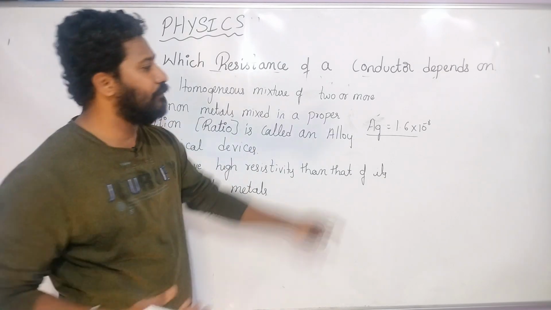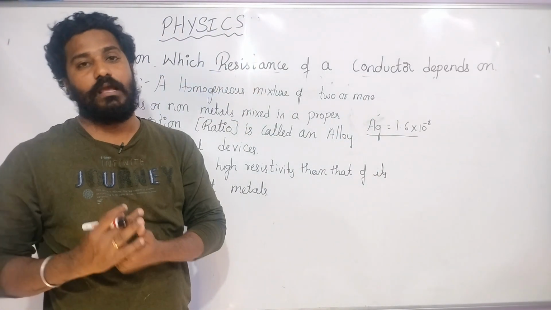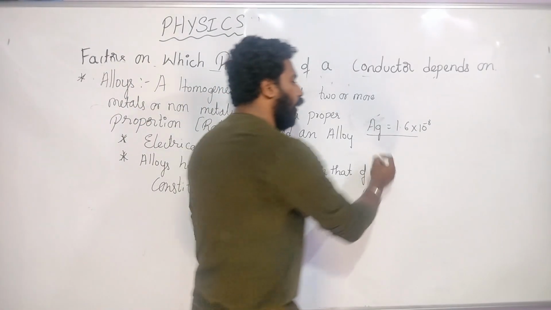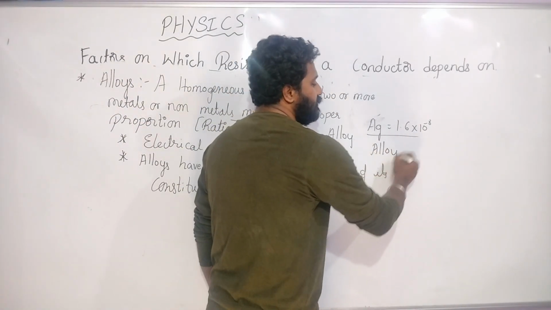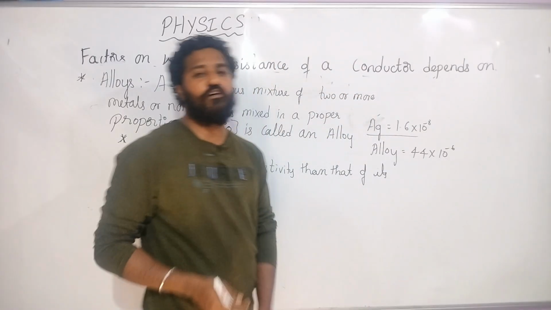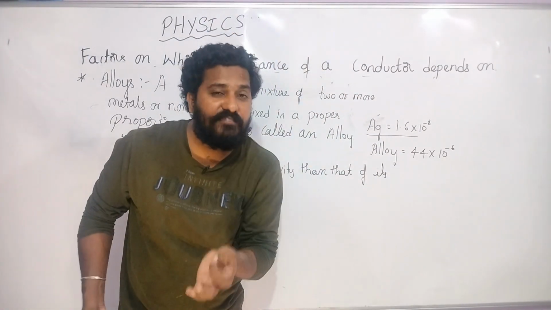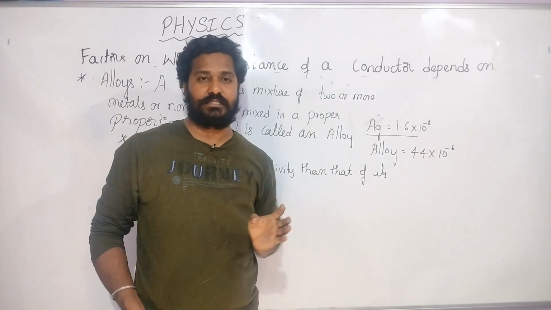All these metals have very less resistivity. But when you use an alloy, I have already told you alloys will have 44 into 10 power minus 6, which is higher resistivity compared to metals.